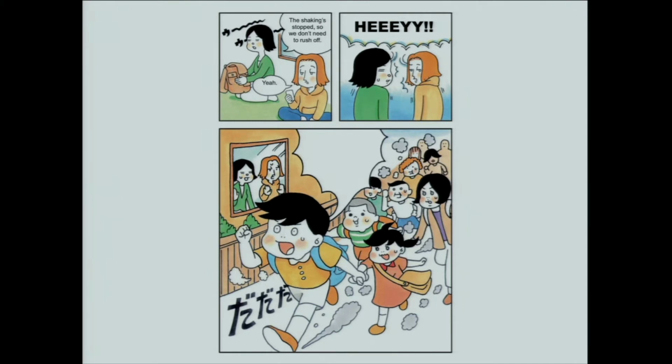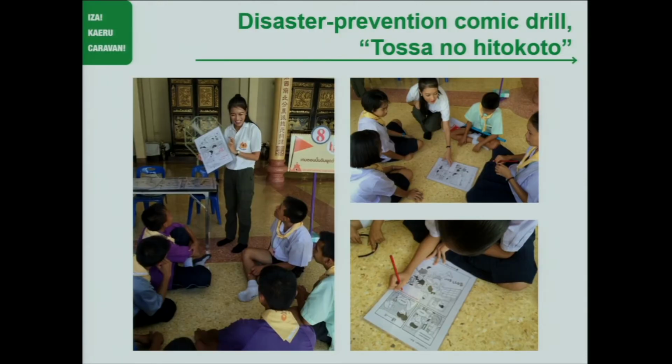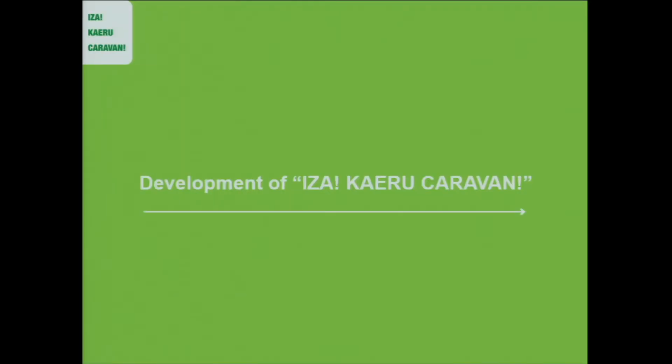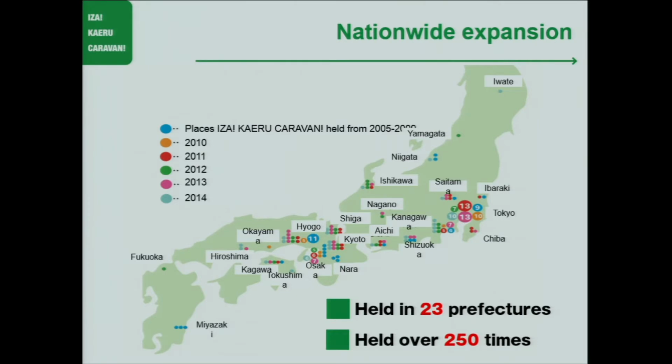They would be thinking about what needs to be said in this situation. And this is now available in Japanese, Thai, English, and Spanish also. And I am working on this together with Laticon in Thailand. And they also have this comic in the Thai language as well.